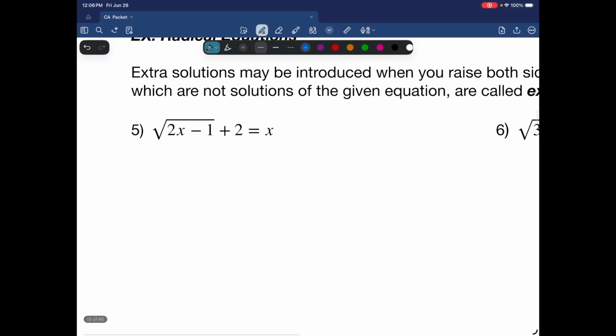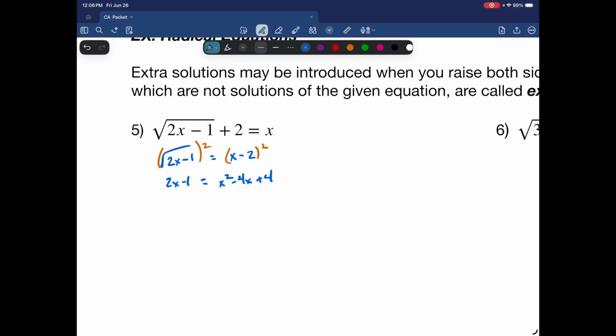So we got square root of 2x minus 1 equals x minus 2. At this point, to get rid of the square root, we have to square both sides. On the right side, you're squaring a binomial, so that's going to look a little different. This is going to be 2x minus 1 equals x squared minus 4x plus 4.